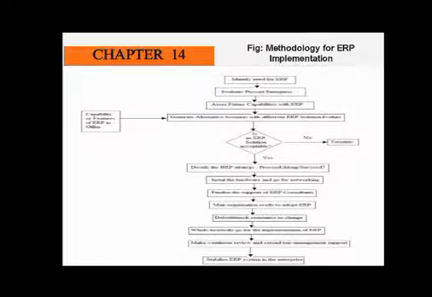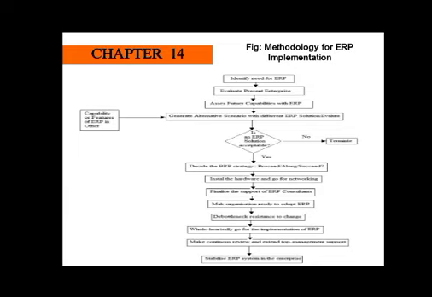Now let's move on to the methodology for ERP implementation. As you can see in the figure below, we have the steps or methods needed for the implementation of ERP. First, we have to identify the need for ERP, evaluate the present enterprise, assess further capabilities with ERP, and then generate alternate scenarios with different ERP solutions.